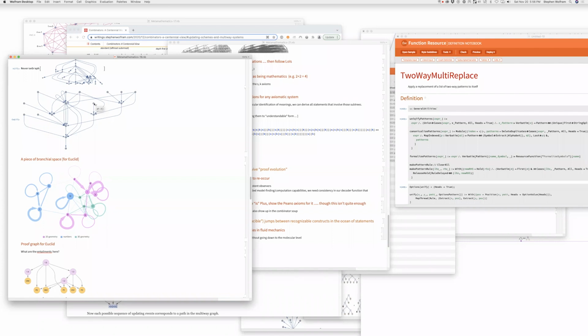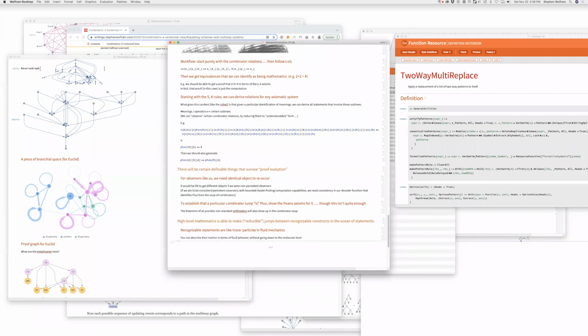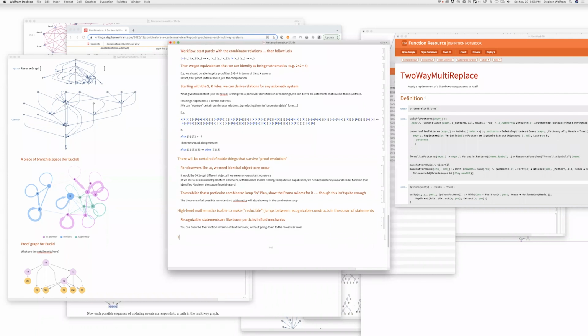Okay, so we've got really two cases. One, explicitly introduce new symbols, e.g. plus, by having axioms, by having statements that reference them.